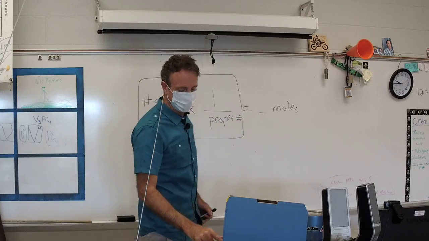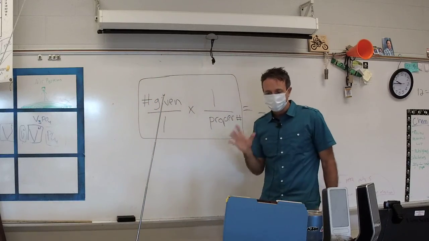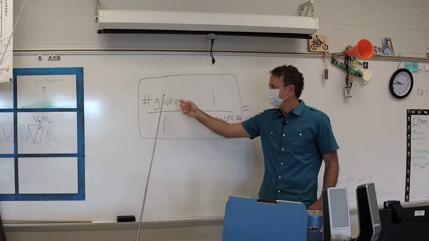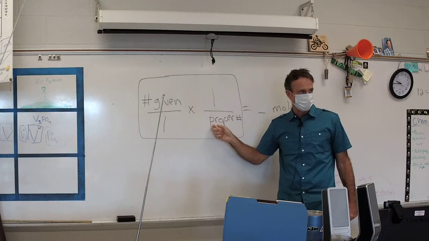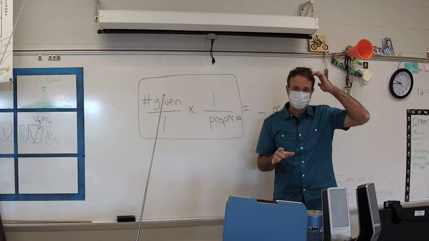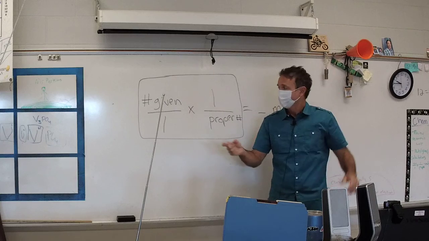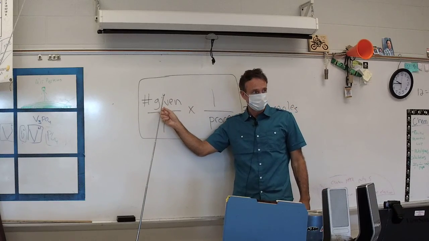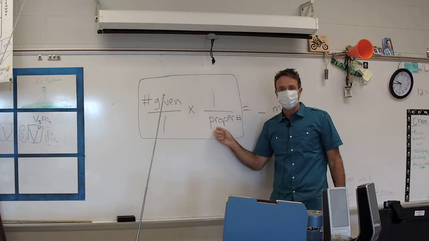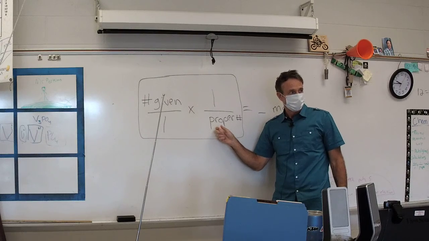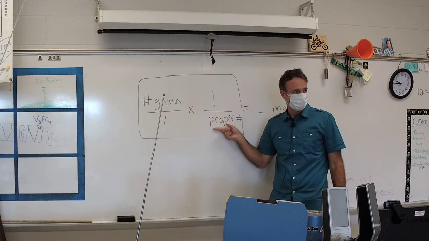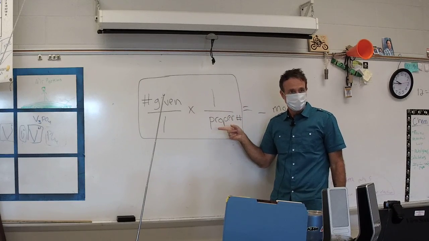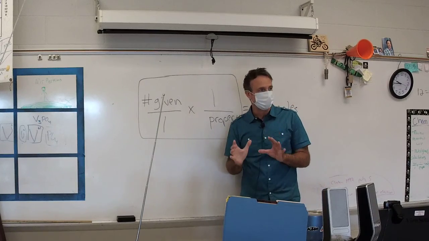Now, let's look at this. What I want you to understand is that these 2 numbers always have to be the same units, okay? In the last worksheet, we were given a number of grams, and then we ended up dividing by the number of grams that a mole of it would weigh from the periodic table, the proper number. The proper number is the correct number for 1 entire mole.